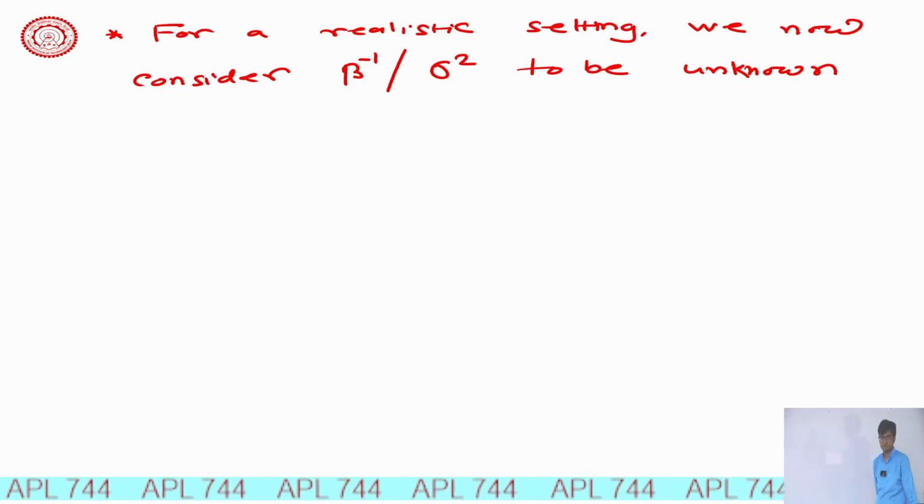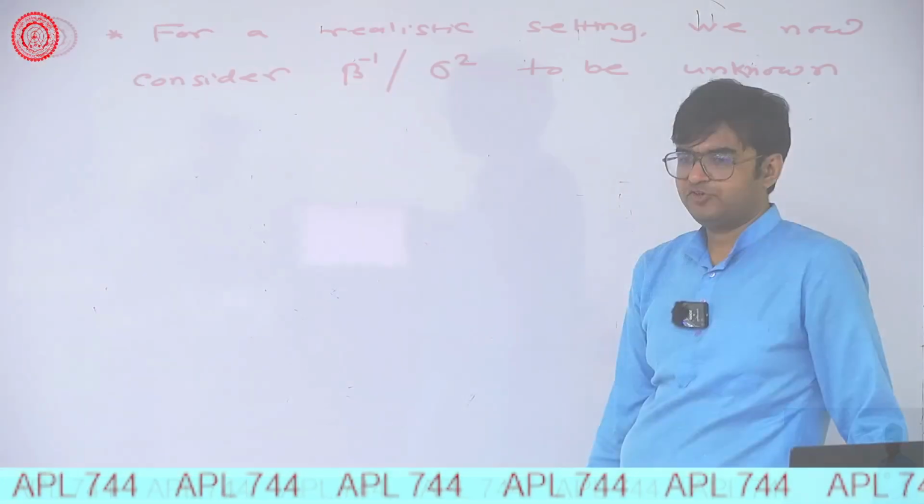So now we are assuming sigma square to be unknown. What do you think will change in our derivation? Remember, first we have to find the posterior, and then using the posterior we have to find the predictive distribution. So let us start with the posterior.